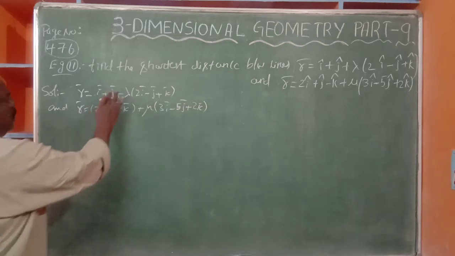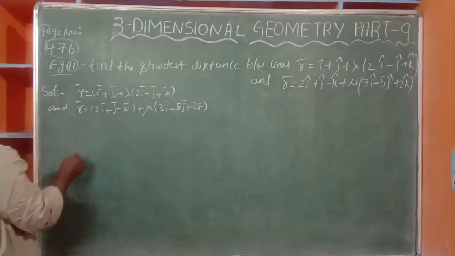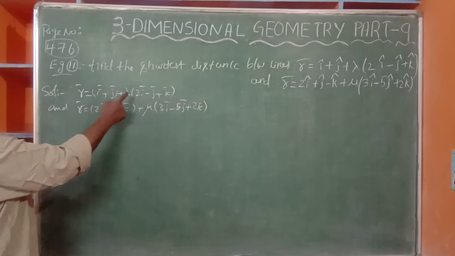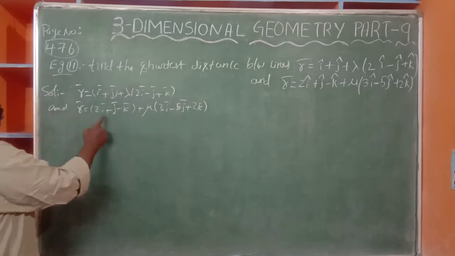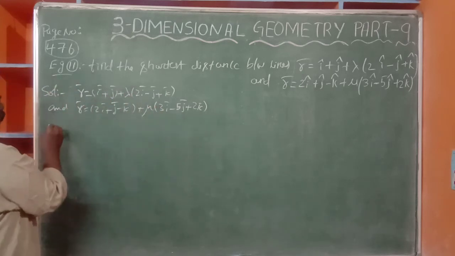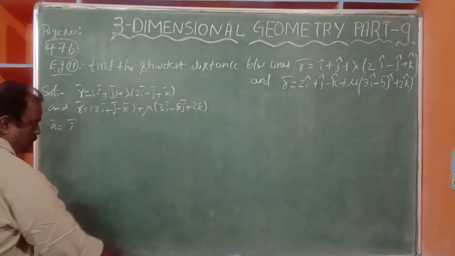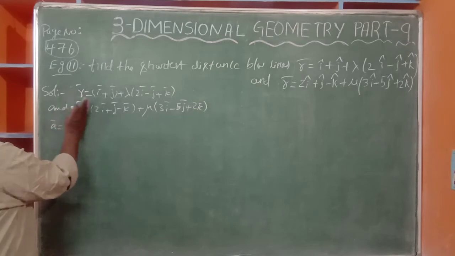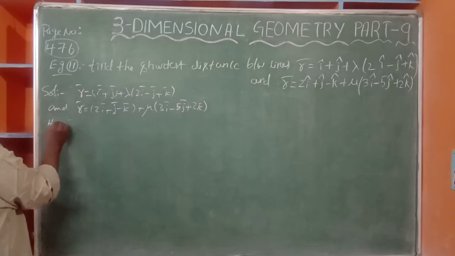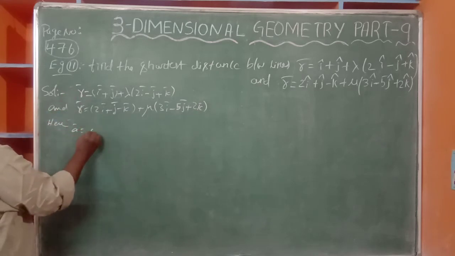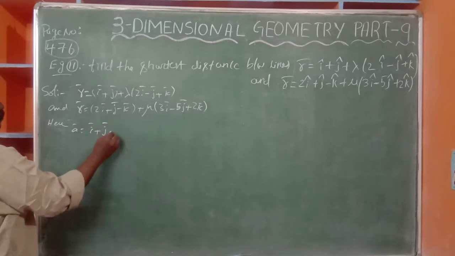Here, observe me. This is A bar plus lambda B bar, and C bar plus mu D bar. So what is A bar? A bar is i plus j.